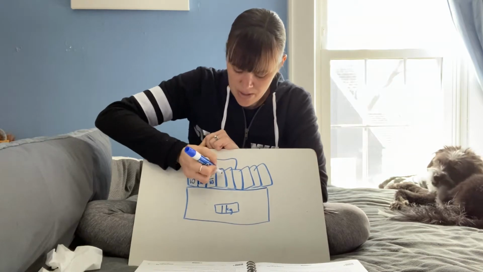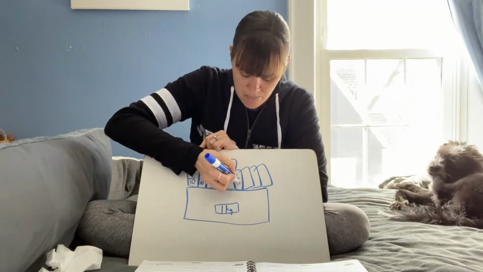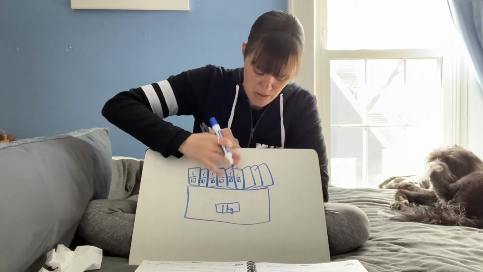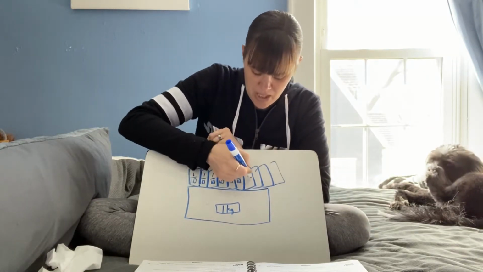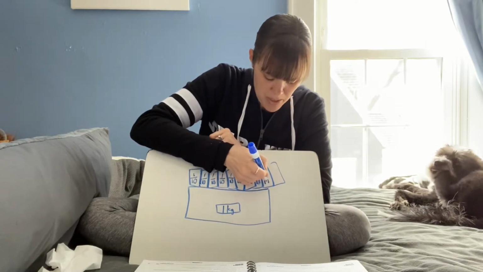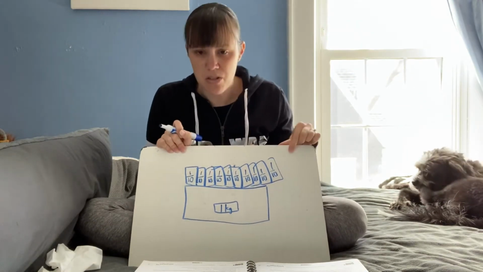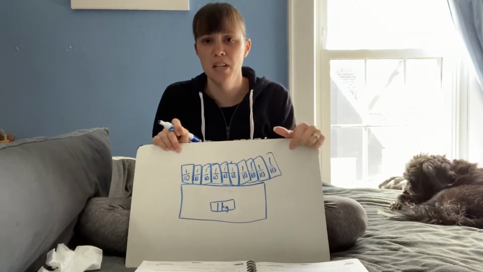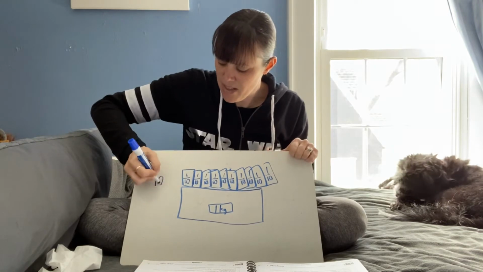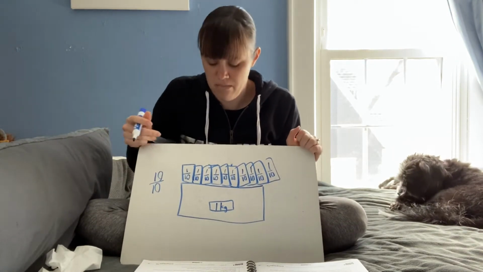If I had drawn this correctly, I would have had basically a tape diagram, but we'll just pretend it's on the scale. So each is worth 1/10, and all the tenths together, that would give us 10 tenths, which is 1 kilogram.